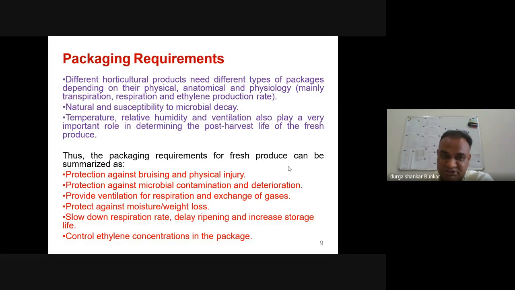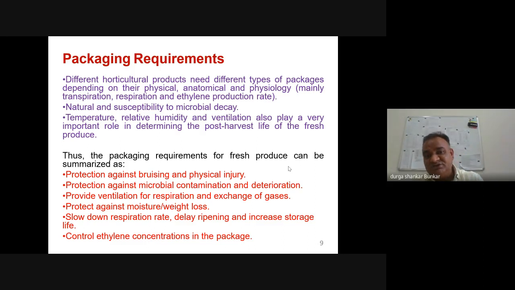And then comes the next topic, packaging requirements. If we go for the requirements, the different types of packaging depend on the physical, anatomical, and physiological characteristics, which mainly depend on the transpiration, respiration, and ethylene production rate.